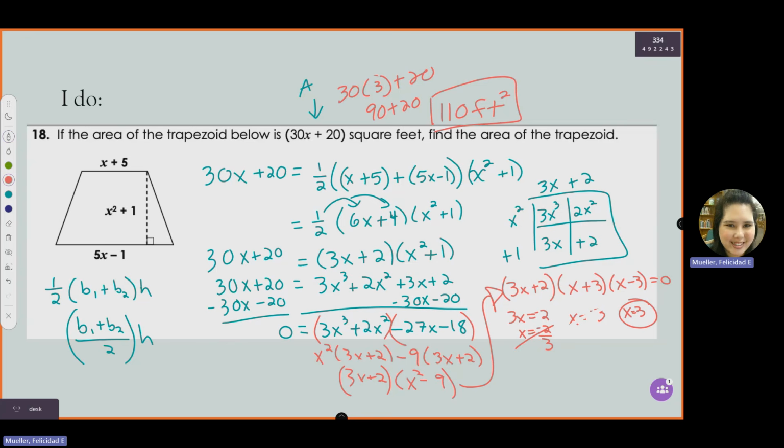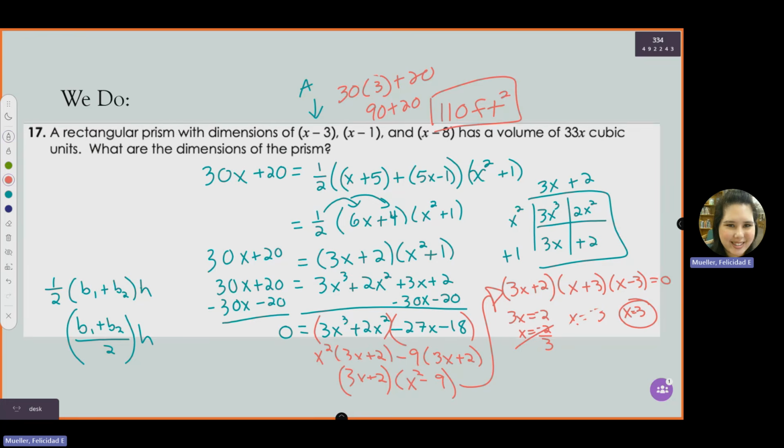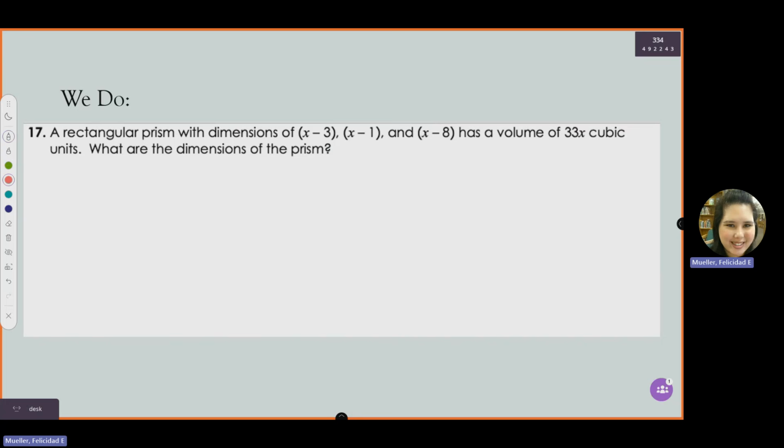As always, pause the video. But we're gonna move on to number 17, which should be a bit more familiar on the formula. So we have a rectangular prism with the dimensions x minus 3, x minus 1, x minus 8, has a volume of 33x cubic units. What are the dimensions of the prism?